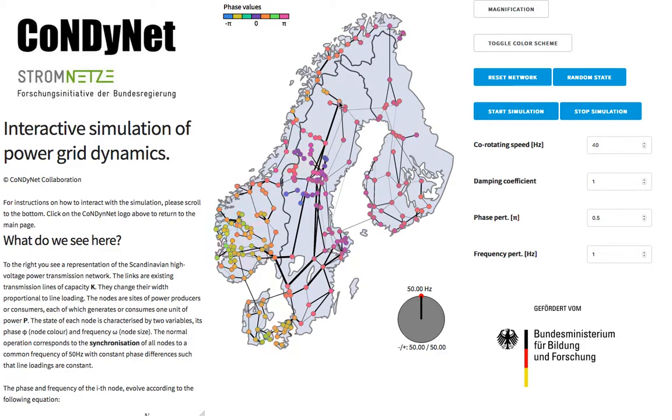Even though the individual nodes are pulsating and rotating at 50 Hertz, the power that flows on the lines is actually completely static. In our visualization, this power is illustrated by the thickness of the lines.